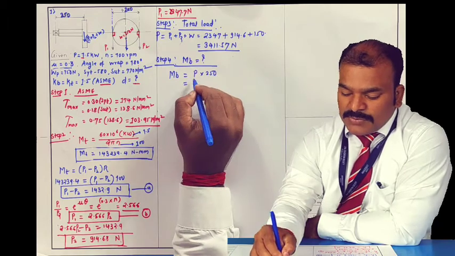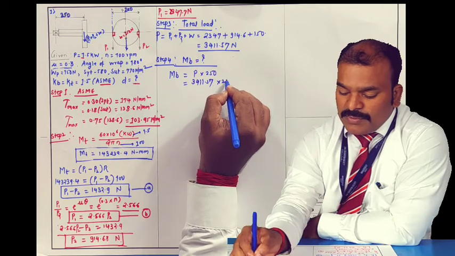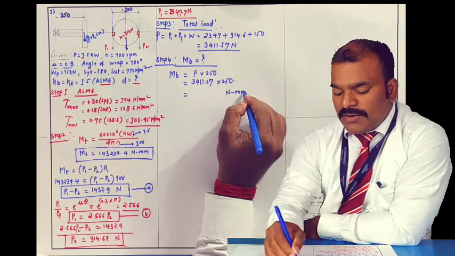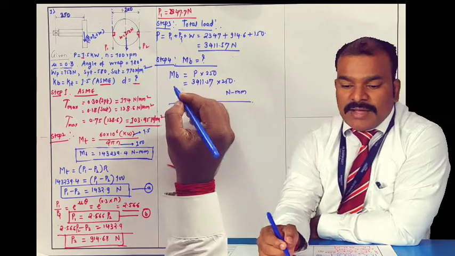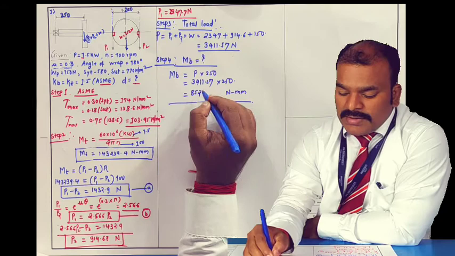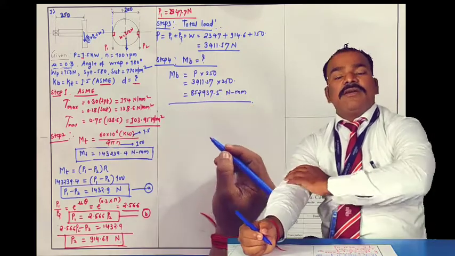P means what? 3411.57 into 250. So we'll get the bending moment MB is around 852937.5. That will be the bending moment.